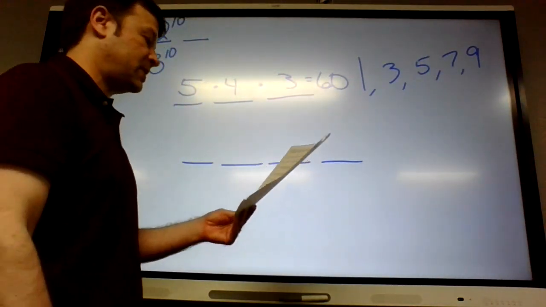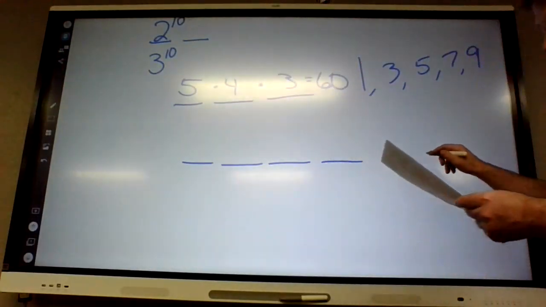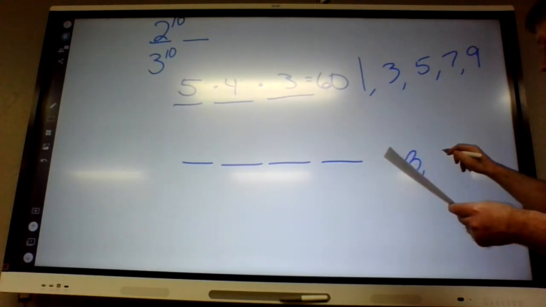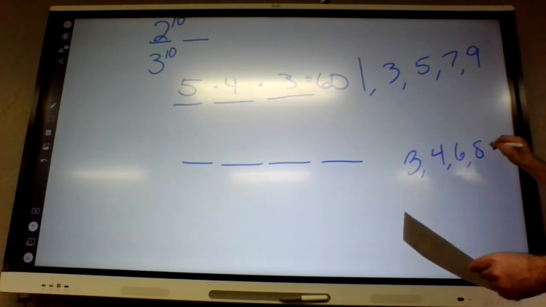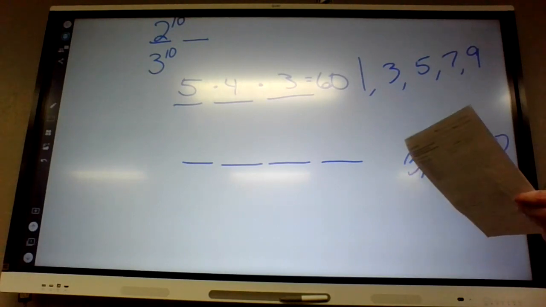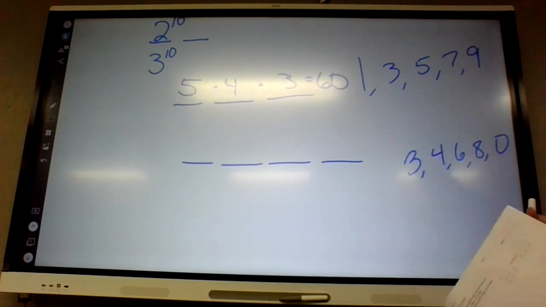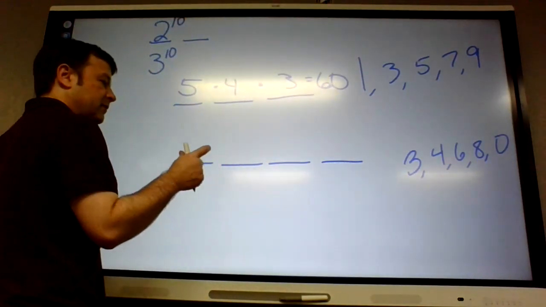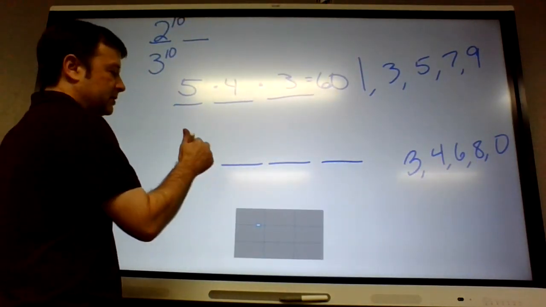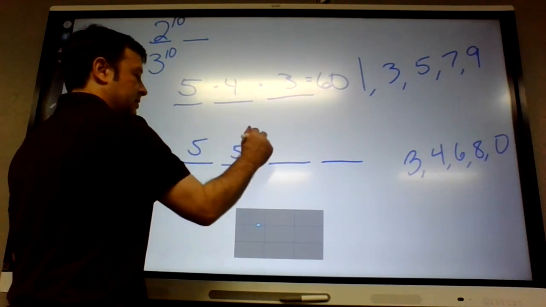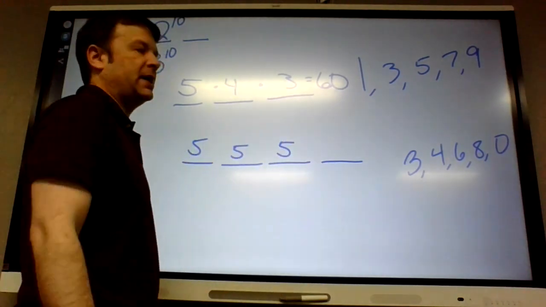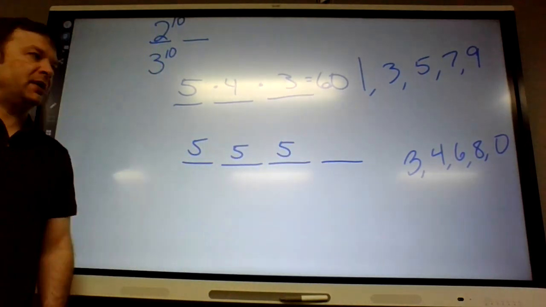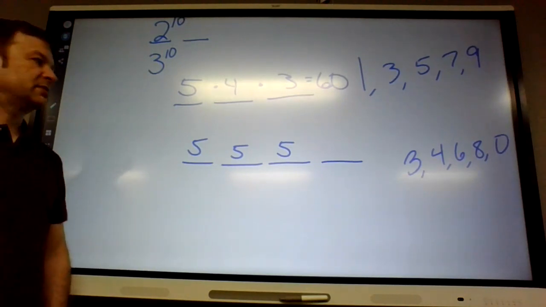So there's only 4 spots, and we're using 3, 4, 6, 8, 0 for the spots. And does it say replacement? I guess we can use it more than once. So how many options are there for the first thing? 5. Second thing? 5. Third thing? 5. Okay, actually, it did say it has to be an odd number. So 5's an odd number.